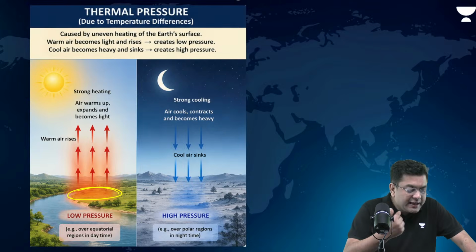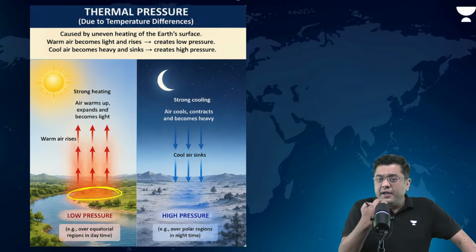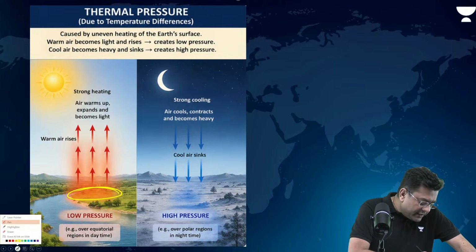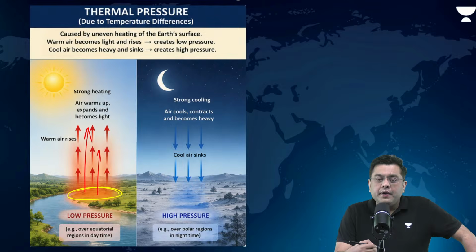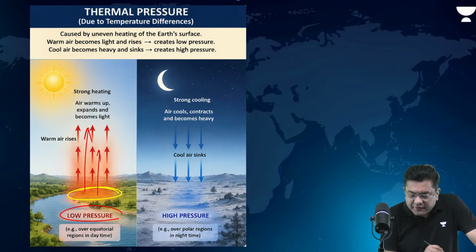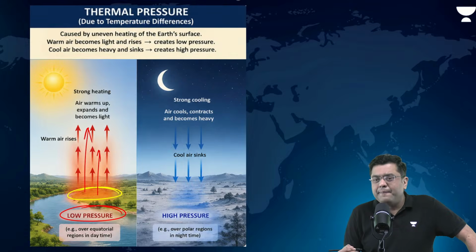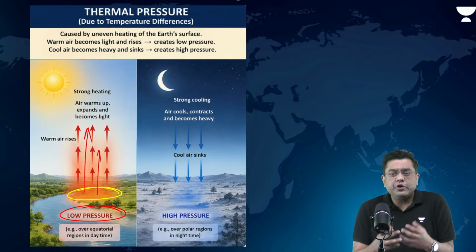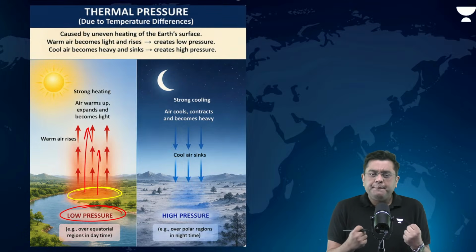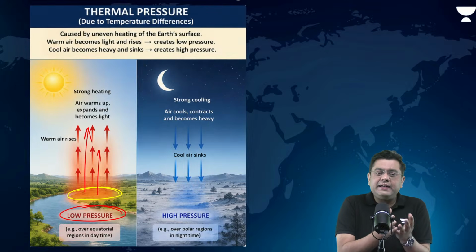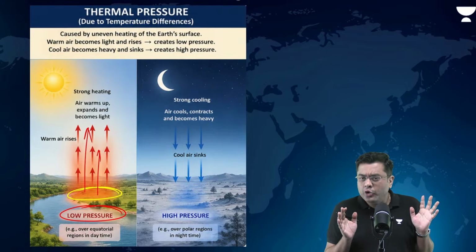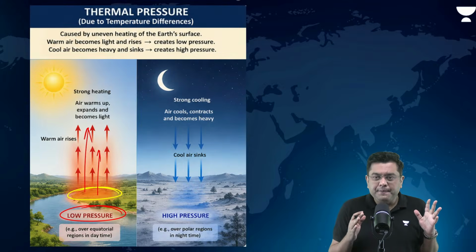Yesterday we had discussed that whenever the air warms up, it becomes very light. As it becomes light, it will tend to rise up. So on the ground surface, it will create a condition of low pressure. But this low pressure is created why? Because of heating of the ground. So heating has created a condition of low pressure. This is a thermal pressure.